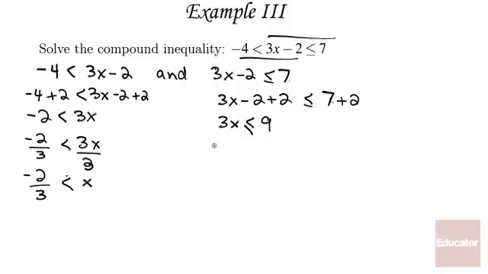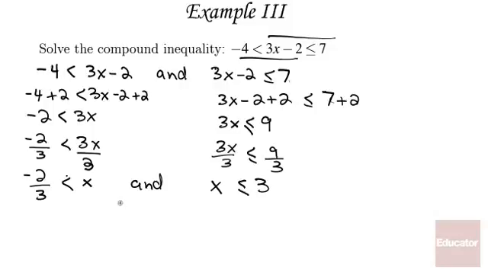Now I'm going to divide both sides by 3. 3x divided by 3 is less than or equal to 9 divided by 3, which is going to give me x is less than or equal to 3. My solution set for the compound inequality is that x is greater than negative 2/3 and it's less than or equal to 3.